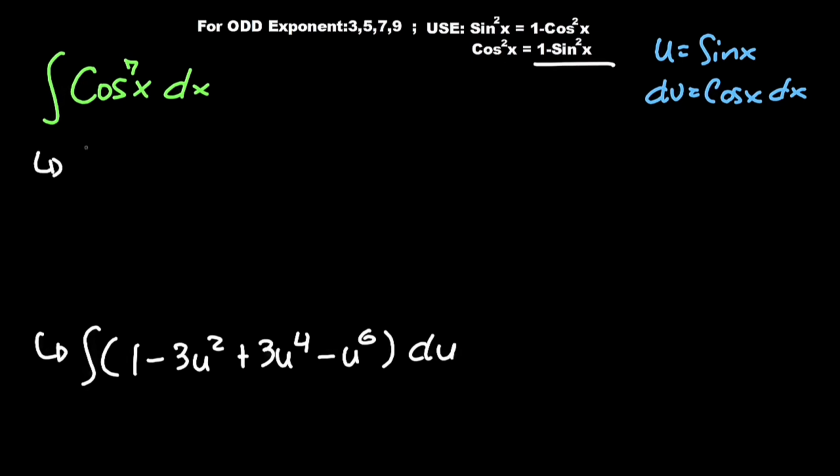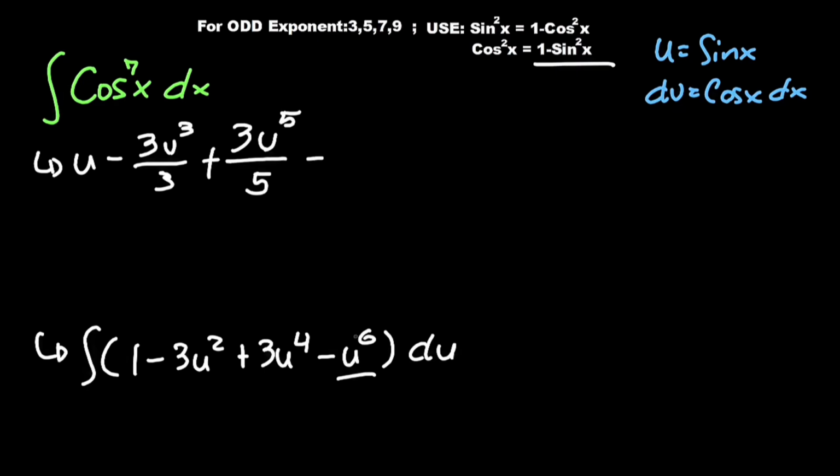The integral of 1 du would be equal to u. Integral of 3u squared would be 3u to the power of 3 over 3. Integral of 3u to the power of 4 would be 3u to the power of 5 over 5 minus integral of u to the power of 6 would be u to the power of 7 over 7 plus c.